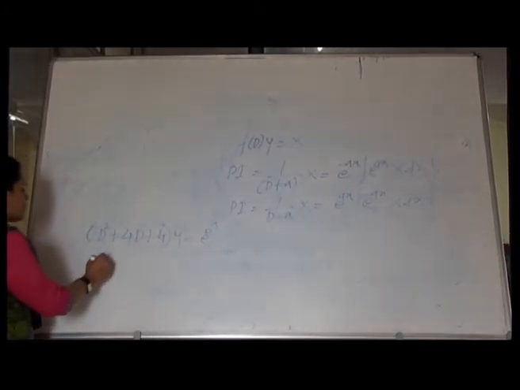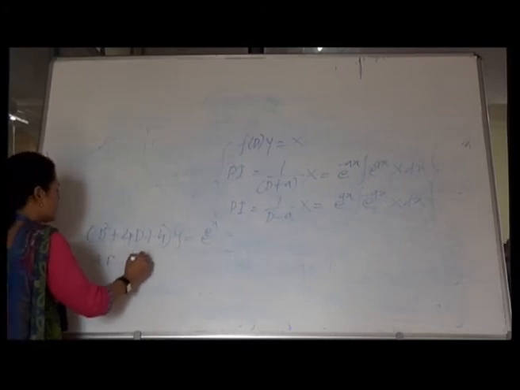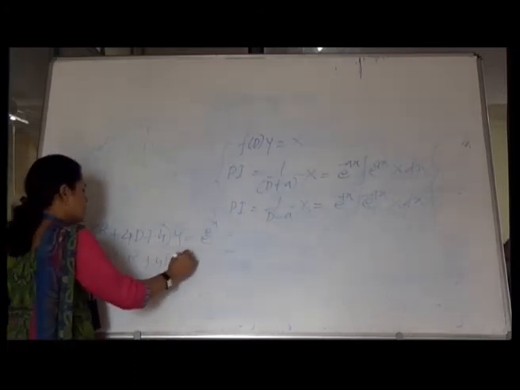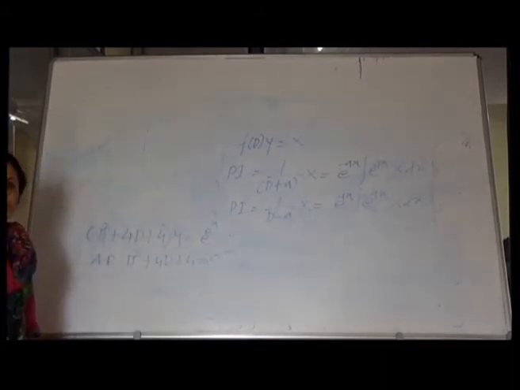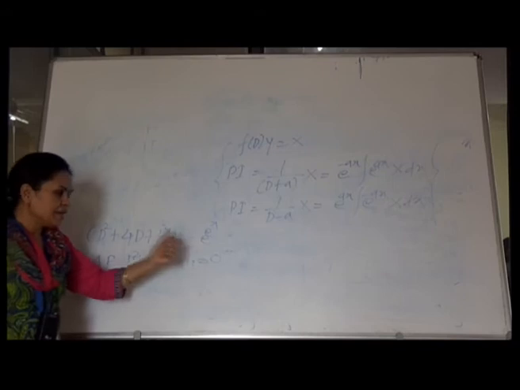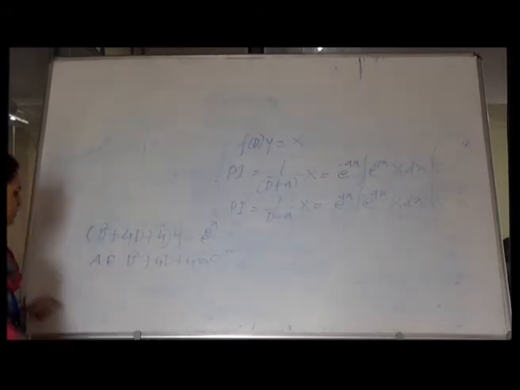The auxiliary equation would be D square plus 4D plus 4 is equal to 0. As it is auxiliary, we are equating it to 0. It's a dummy equation giving me the roots or the values of D.